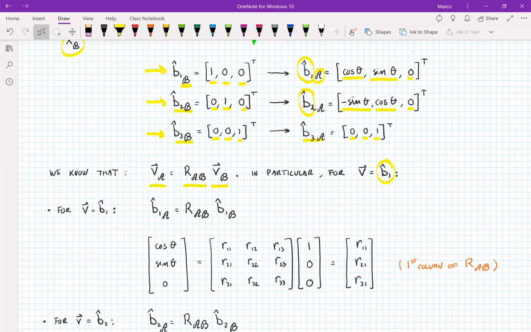So B1 expressed in the A coordinates is equal to RAB times B1 expressed in the B coordinates.